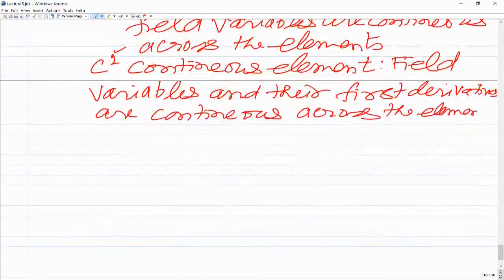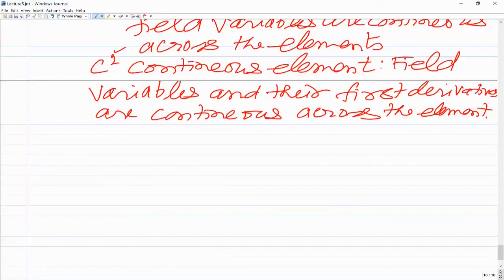When we discuss the individual elements, I will be explaining all these concepts again. You can also have C2, C3. Of course, most of the time you use either C0 elements or C1 elements.